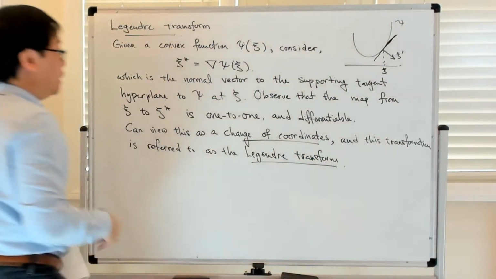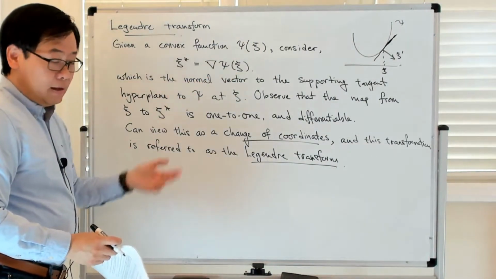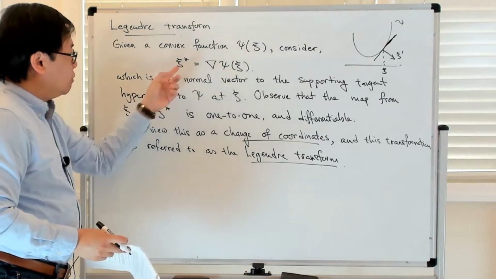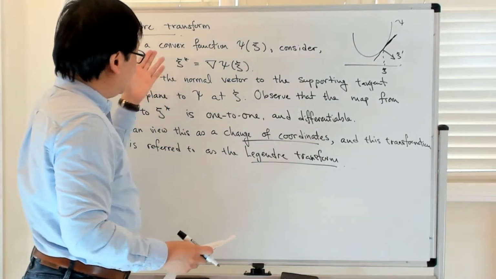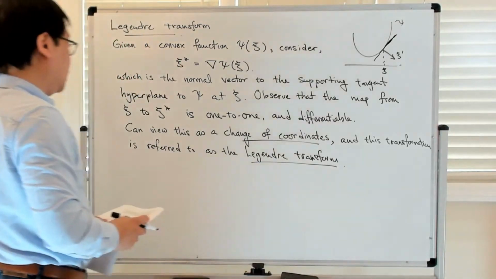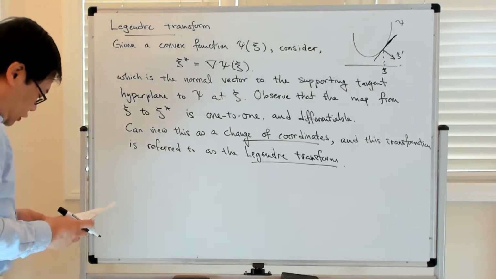So basically, given a convex function, you can construct a different coordinate system, which is in some appropriate sense dual, and that duality is defined by this convex function. Okay, so that's one observation.